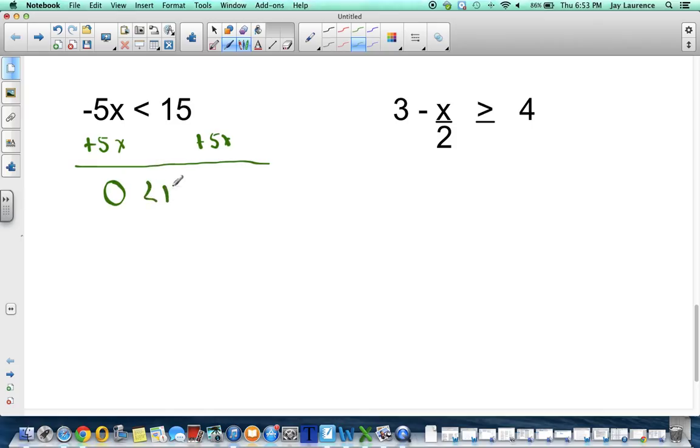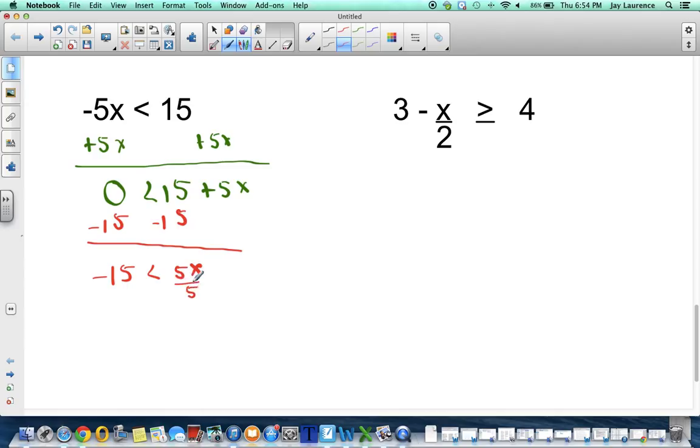And then I'm going to get 15 plus 5x. Now, I'm going to subtract 15 from both sides because I'm just following my steps for solving a two-step inequality, very much like solving a two-step equation. And I'm going to get negative 15 is less than 5x.